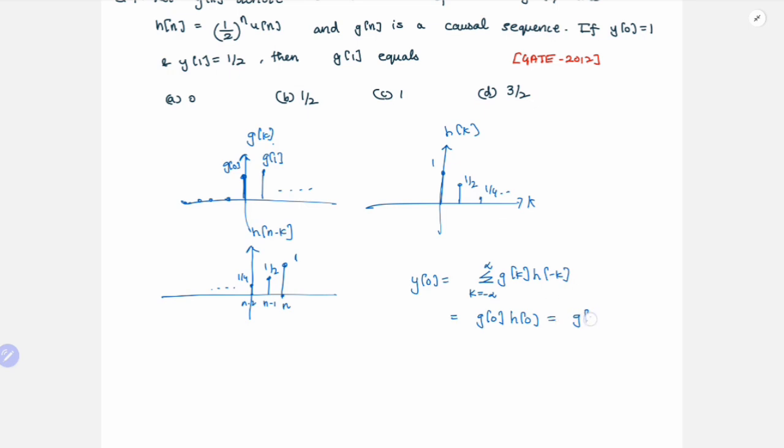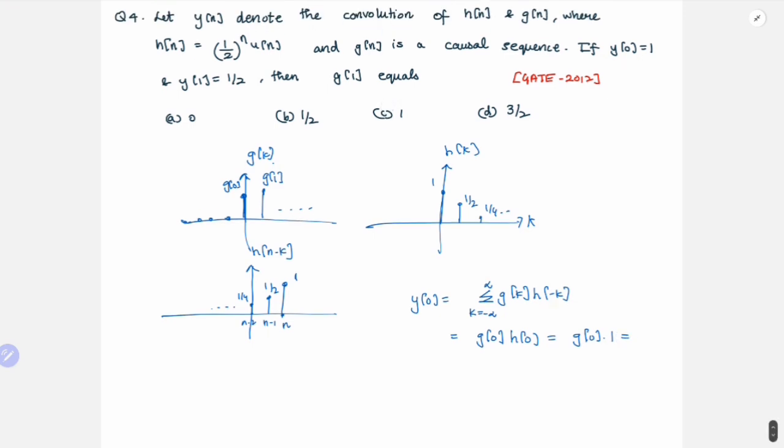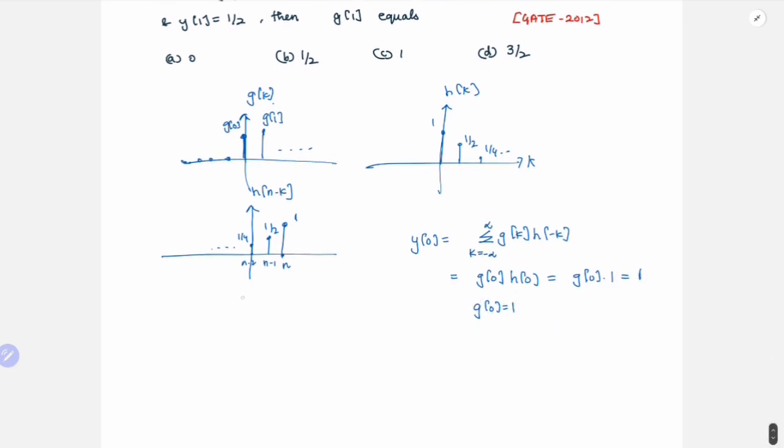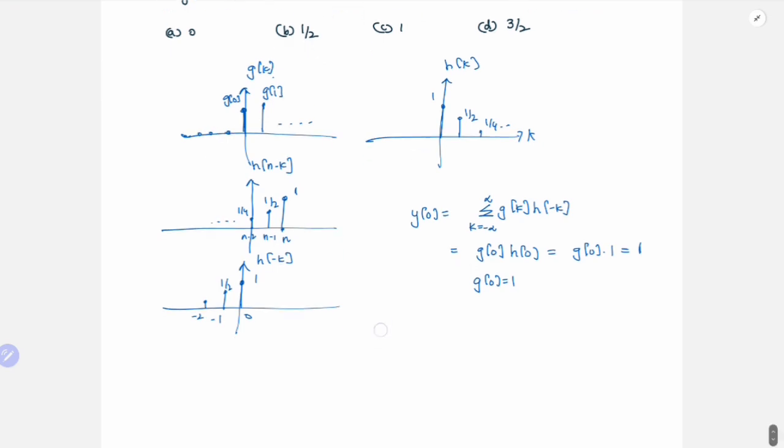So this is nothing but g of 0 because h of 0 is 1. They have given us 1, so my g of 0 is going to be equal to 1. I'll also plot it, this h of minus k.